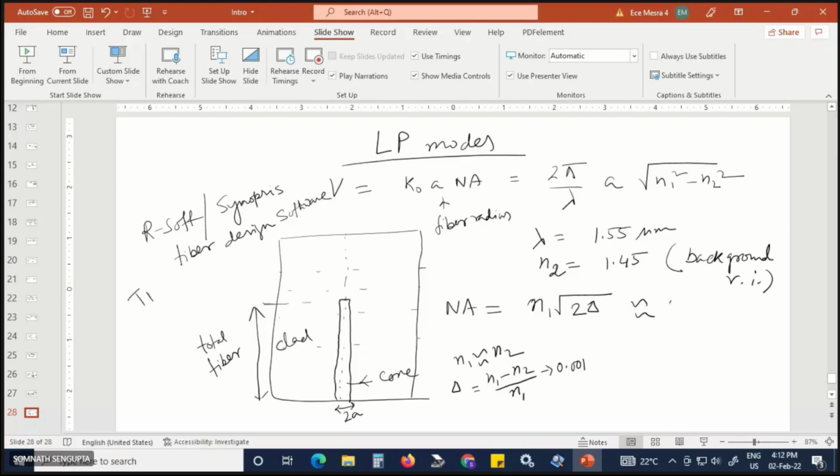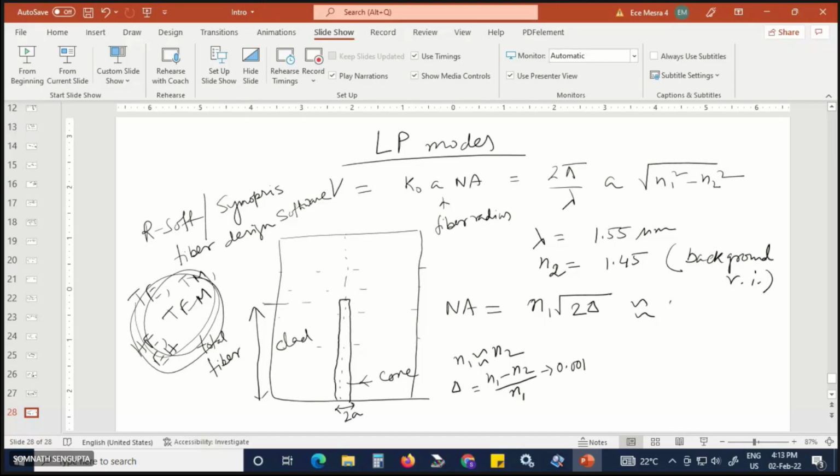बाकी कंडीशन में TM मोड प्रोपागेट करता है, और HE, EH इंडिविजुअली और कंबाइंड होके फ्लो करता है. लेकिन LP मोड में इसका कॉम्बिनेशन फ्लो करता है. तभी कंबाइन करेगा जब उसका बीटा वैल्यू, जो प्रोपागेशन वेक्टर है, बहुत मैच करता है. वही मोड्स कंसीडर होगा जिसका प्रोपागेशन वेक्टर बीटा वैल्यू ऑलमोस्ट सेम होगा, और वही मोड कंबाइन होकर एक नया मोड जनरेट करता है.